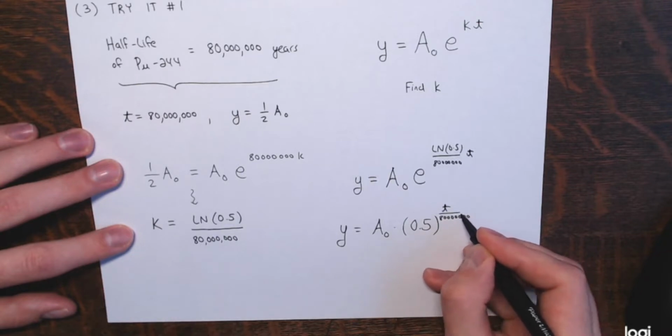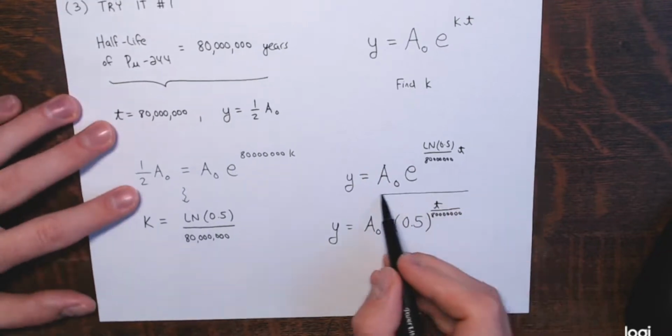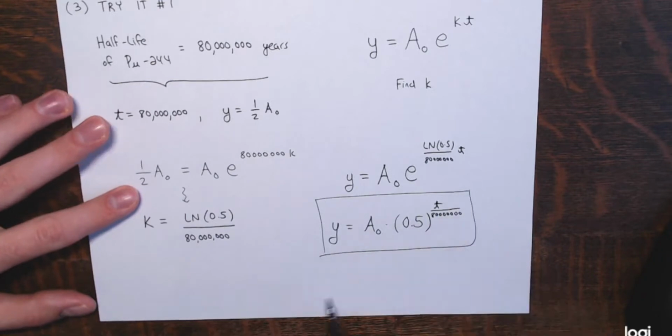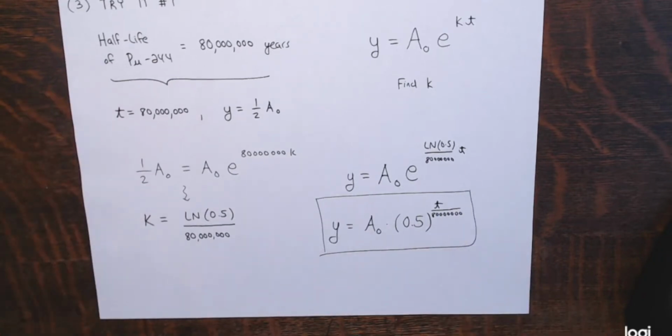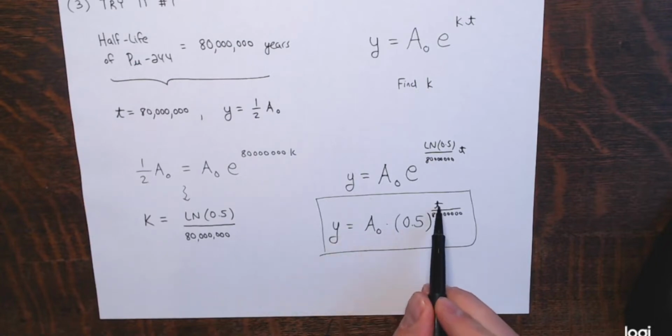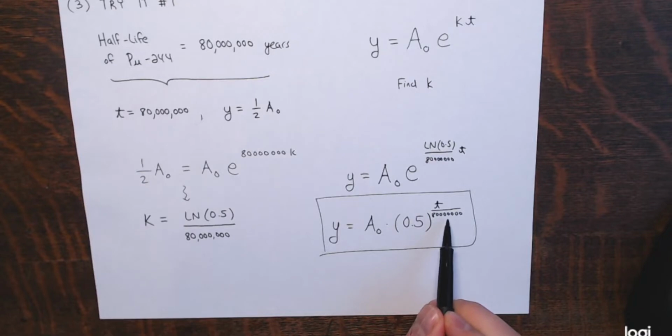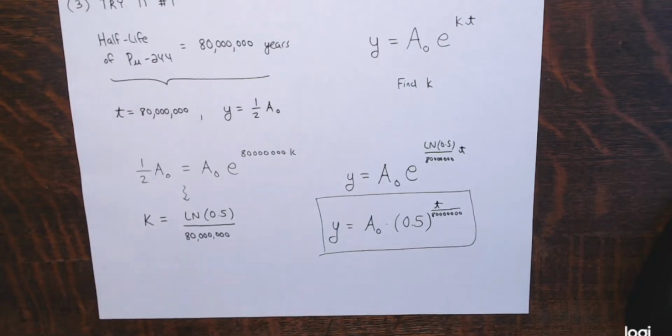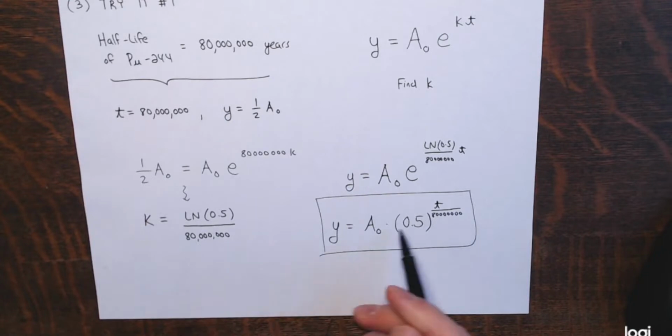And again, this is going to be the case for any half-life problem: y equals the initial amount times 1/2 to the t over the half-life. Last time it was t over 5,730, this time it's t over 80 million. But that is the case for all these half-life problems, radioactive decay problems. This will always be the way the model looks.